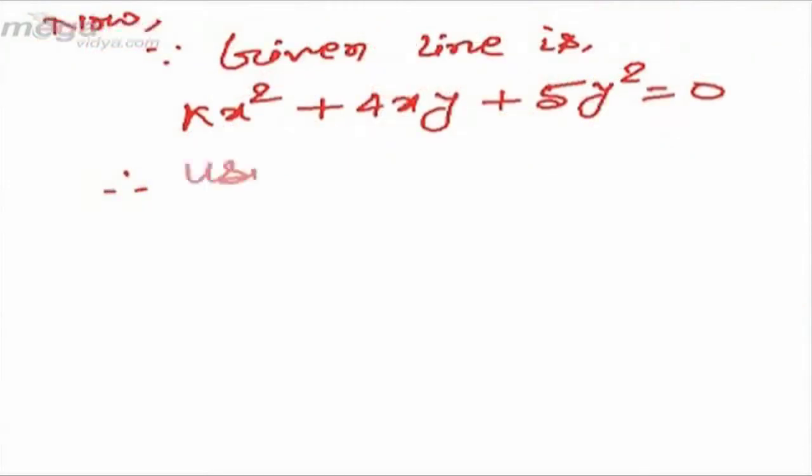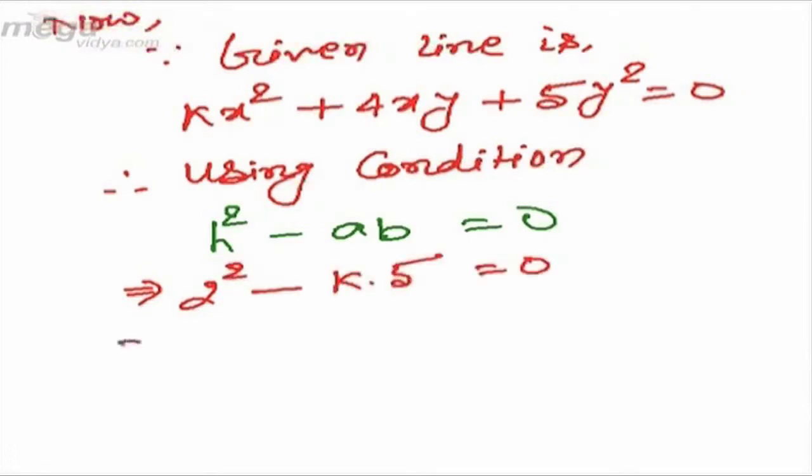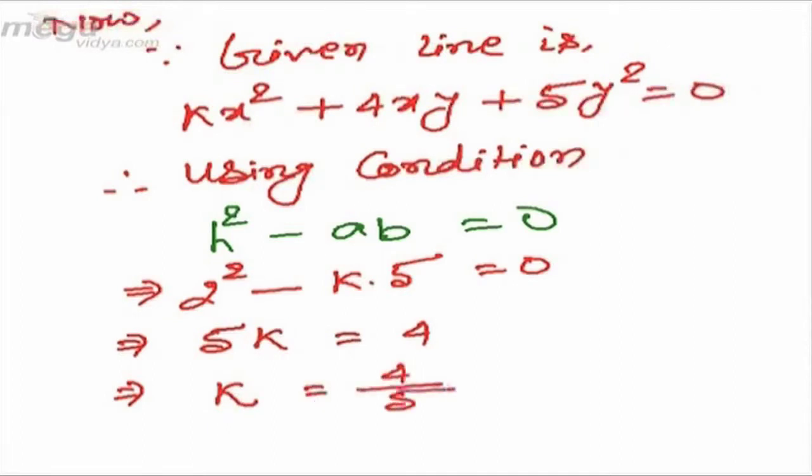So using the condition h square minus ab is equal to 0, we'll substitute the values of a, b and h. h is here 2, so it will be 2 square minus a is k and b is 5. So it becomes 5k is equal to 4, and hence k is equal to 4 upon 5.